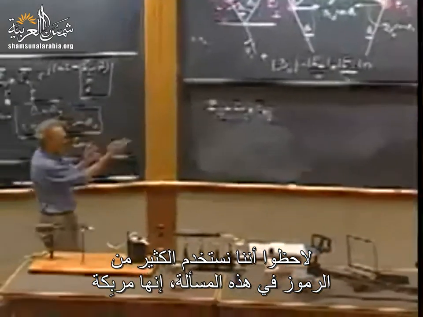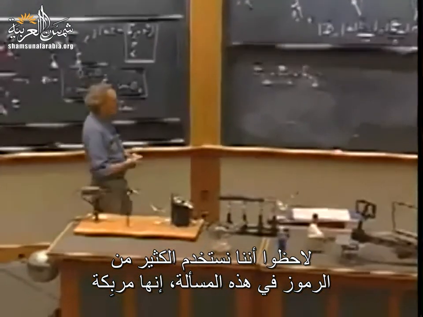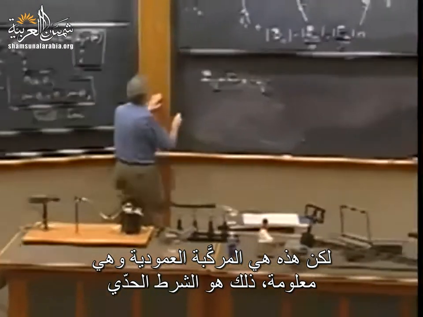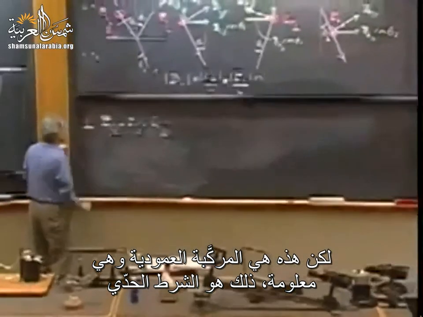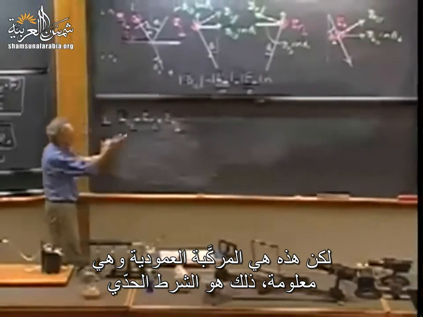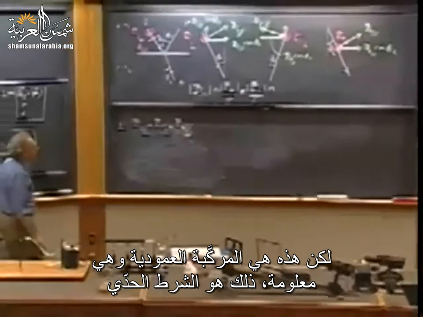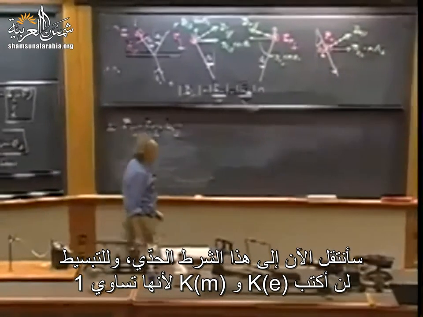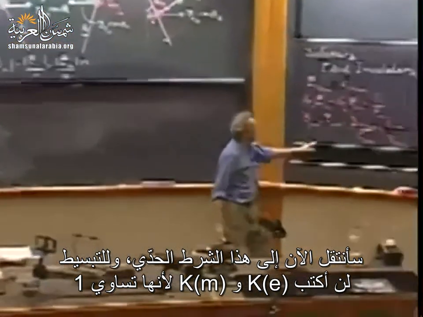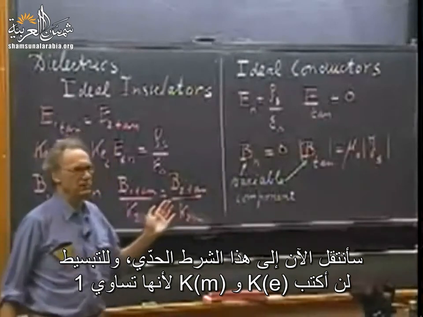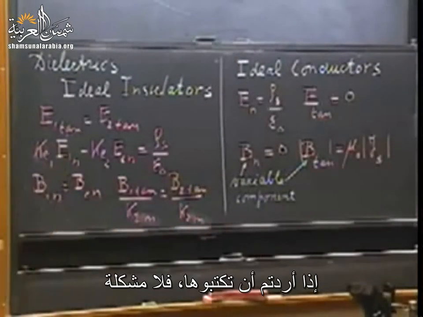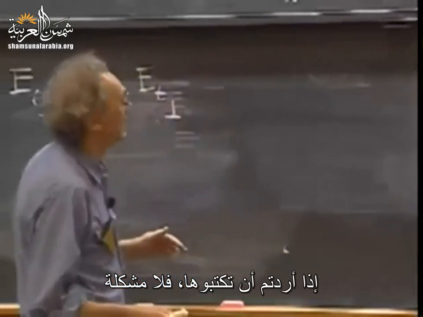You see now my problem with TANs and Ts, it's awkward. But this is the perpendicular component. So that's a given. That's the boundary condition. So now I go to this boundary condition. And just for simplicity, I will leave the kappas out. If you want to put them in, be my guest.